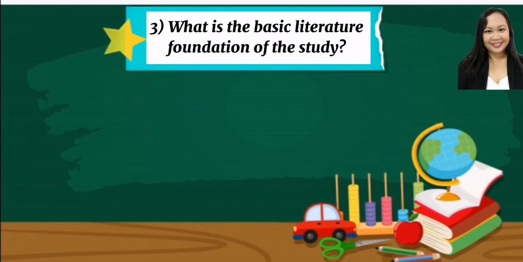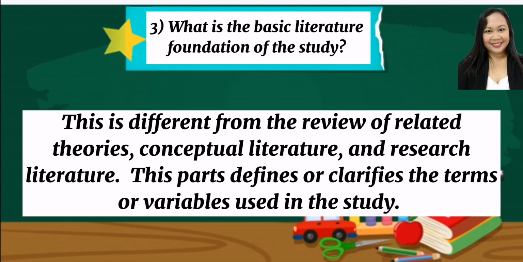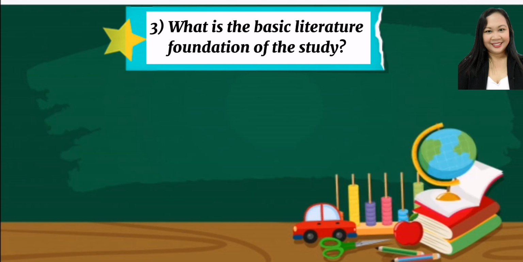Third, what is the basic literature foundation of the study? This is different from the review of related theories, conceptual literature, and research literature. This part defines or clarifies the terms or variables used in the study.